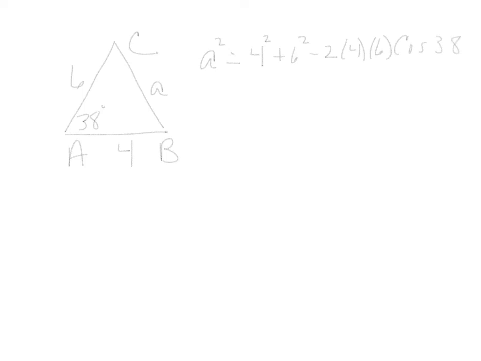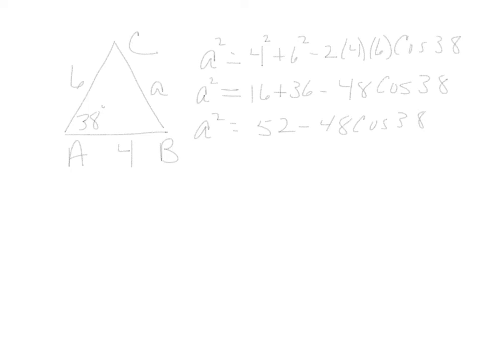Let's do a little simplifying. We have A squared. That'd be 16 plus 36. 2 times 4 is 8 times 6 is 48 cosine 38. 16 and 36 is 52 minus 48 cosine 38.